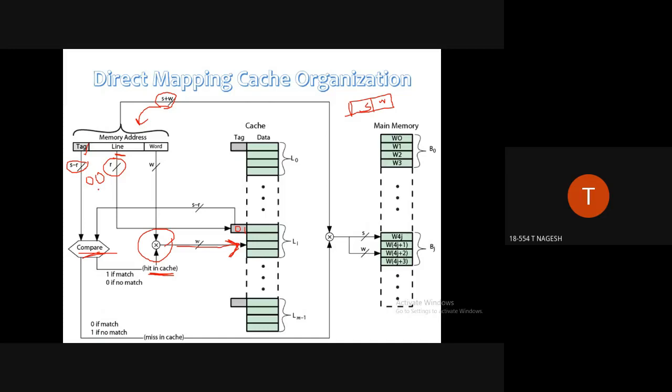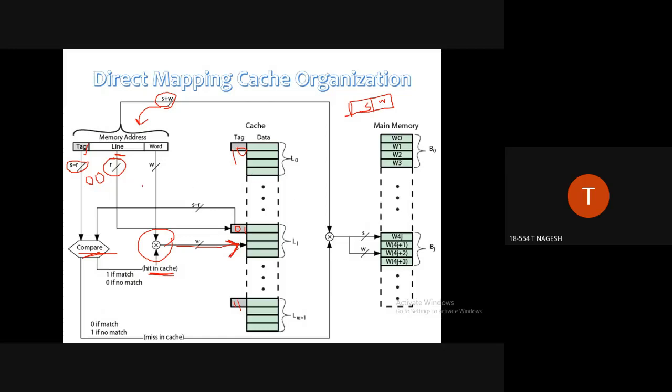Our required tag value is 00, but the available tag value in any of the cases, like here it might be 010, or here it might be 11. There is no required tag, right? So all these tags are different from what we want. So this will represent what? That we have not found the required tag in our cache memory.